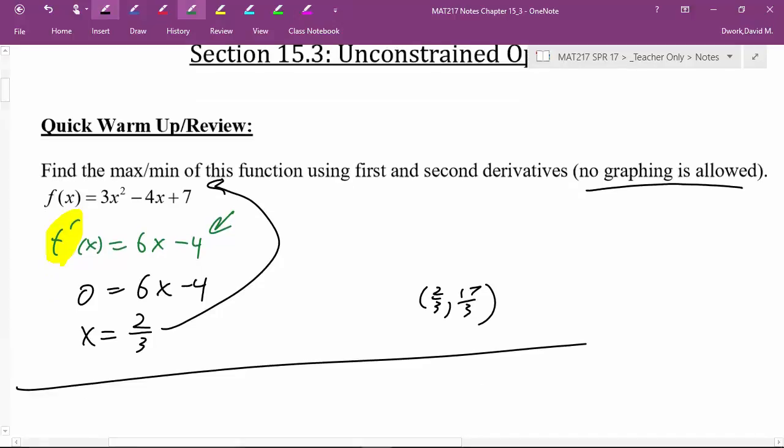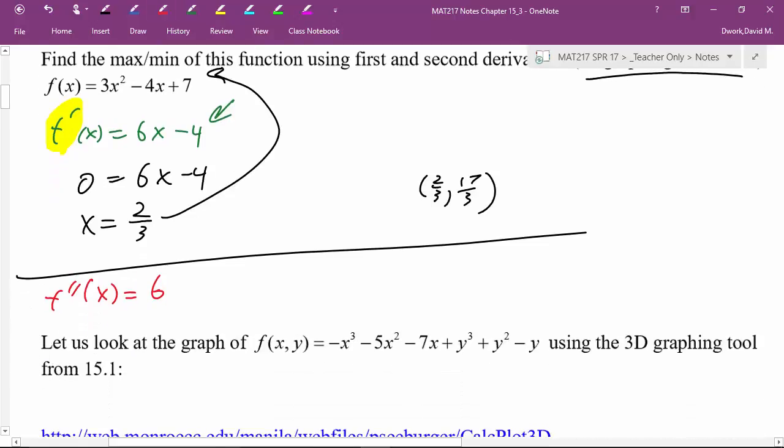Clearly you got my hint in the direction. We're going to need a second derivative for something. The second derivative of this is 6. Now remember, what do second derivatives talk about? Concavity. If it's a positive number, your graph is concave up. If it's a negative number, your graph is concave down. Since it's positive, it's concave up.